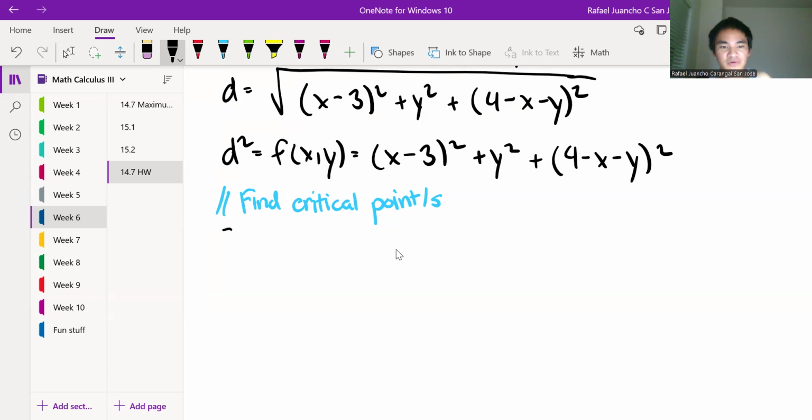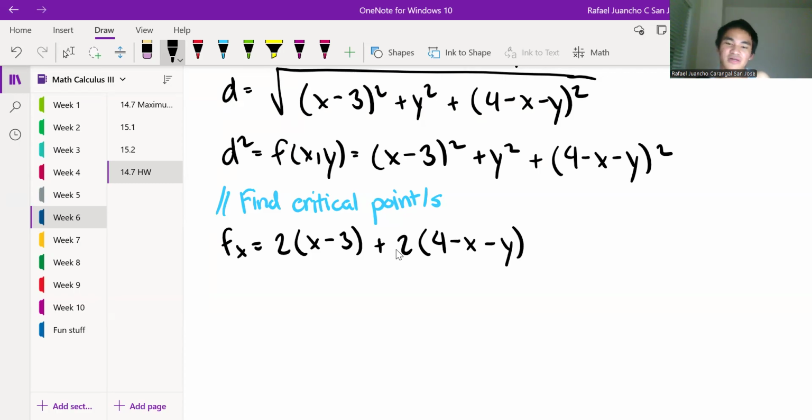Okay, so I find f sub x. So here I treat this, 2 times x minus 3, chain rule times 1. Y squared, nothing. This is again 2 times whatever's inside. I do a chain rule, I get -1. So this is -2.